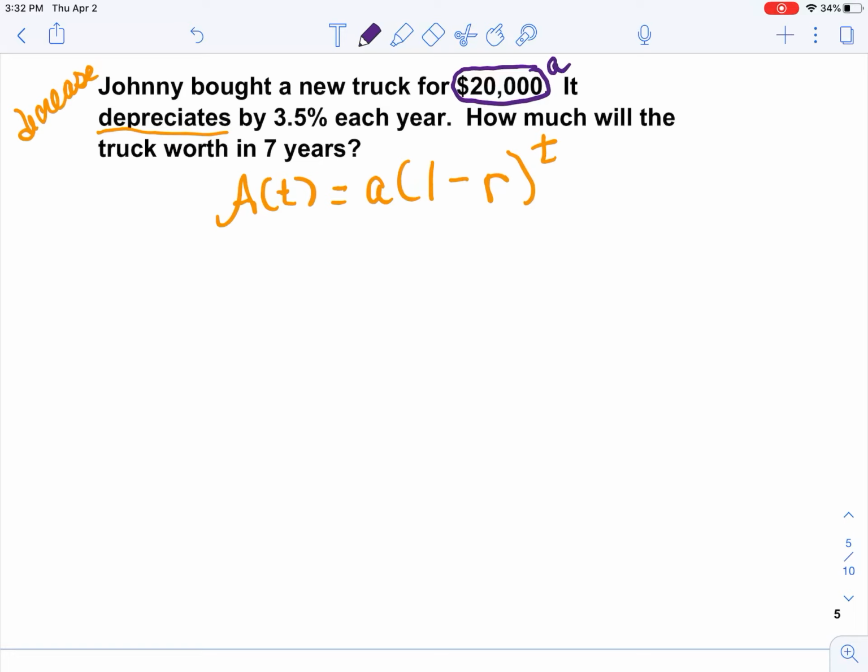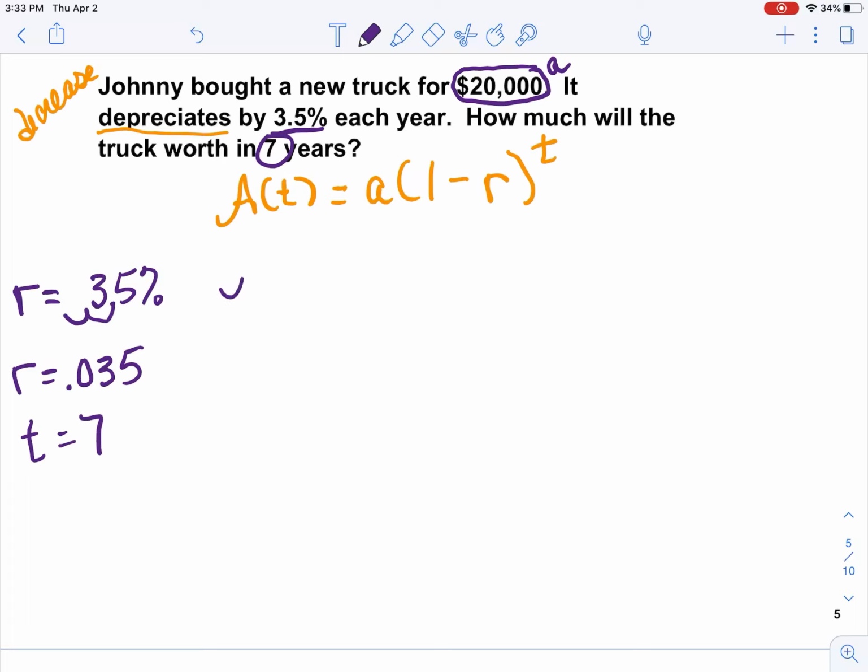That's how much it cost. Over here, my rate is 3.5%, I have to make that a decimal. So my R is 0.035. And then we have our T, which is going to be 7.